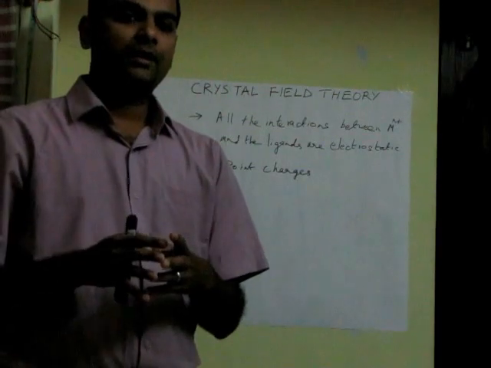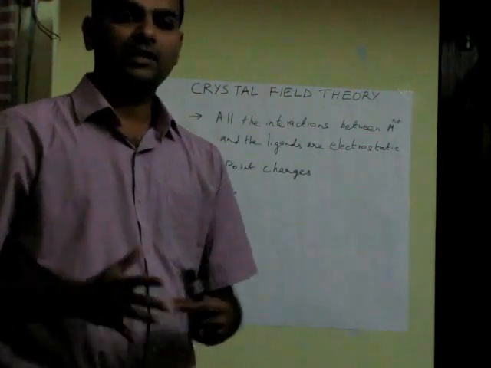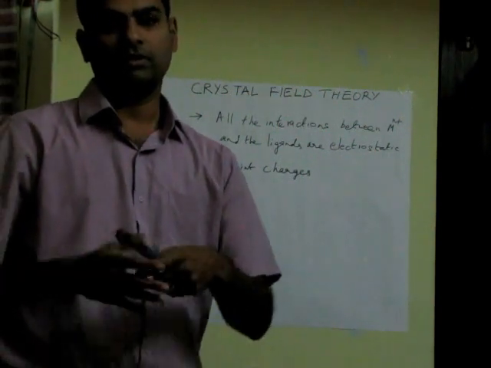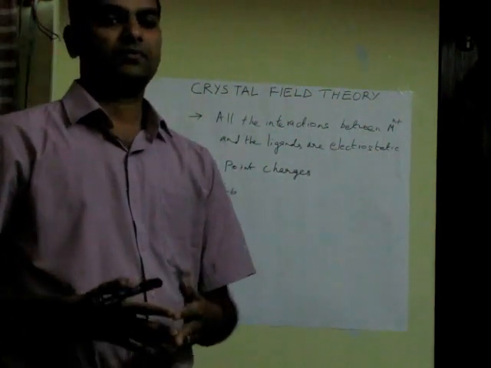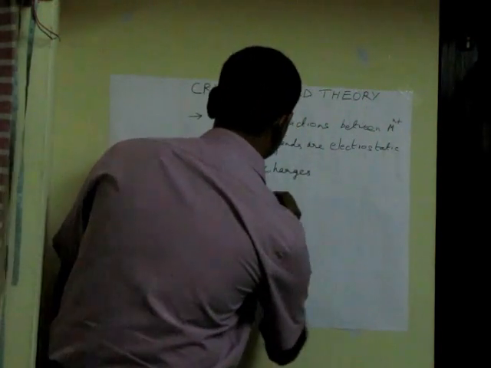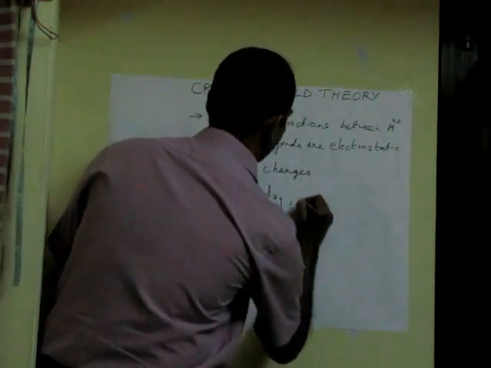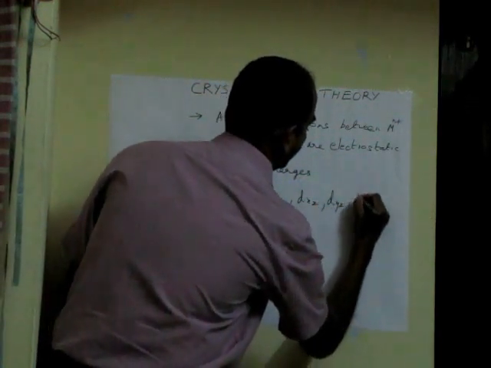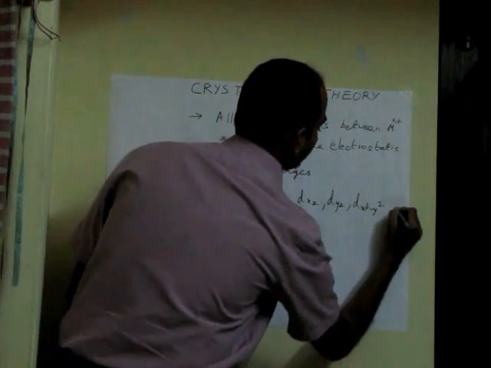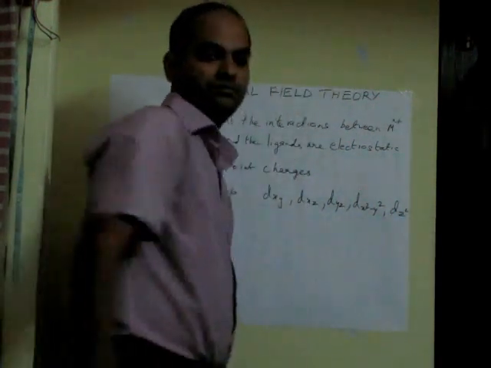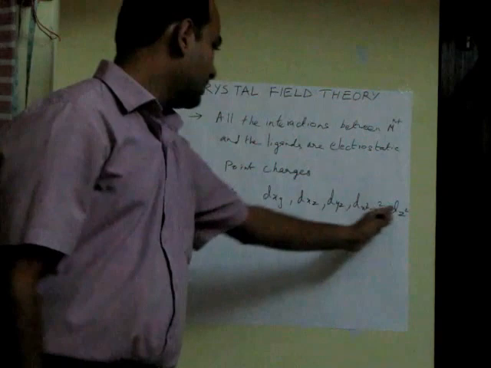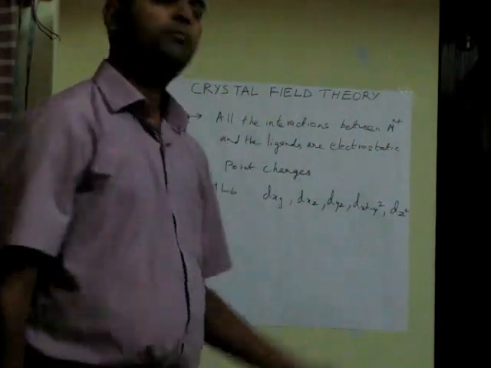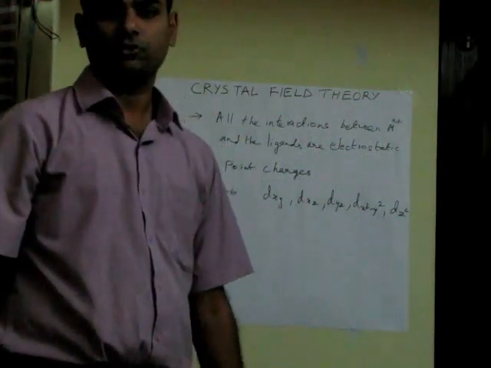And so what happens is that there are 5 d orbitals that we all know, namely dxy, dxz, dyz, dx square minus y square, and dz square. These are the 5 d orbitals which are available in a transition metal, usually partially filled with electrons.